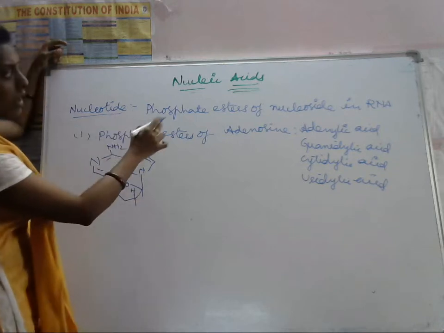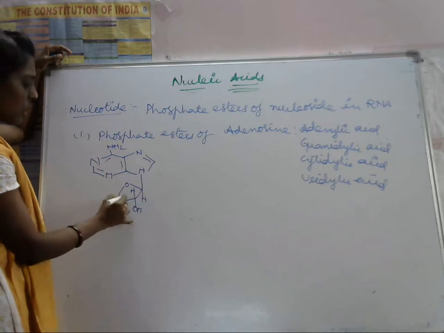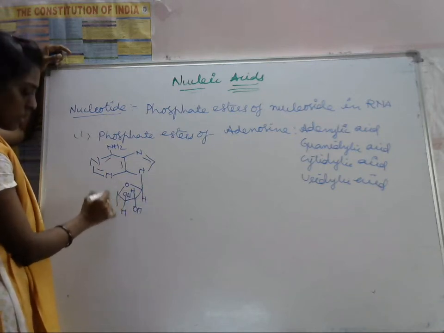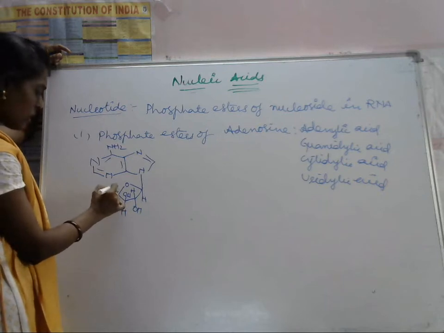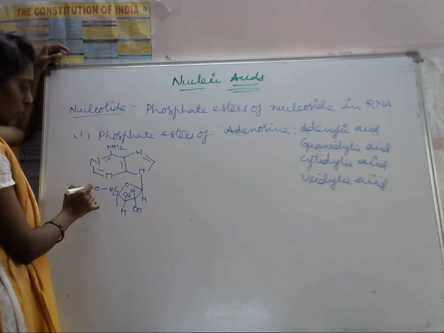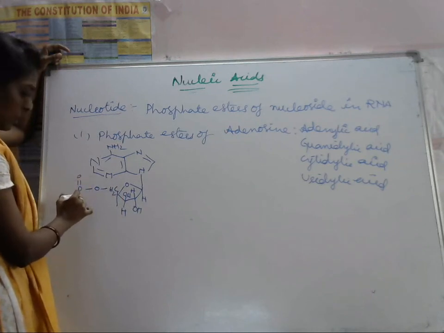This is RNA, right? So that's why we are having OH here at the second position. At this we are introducing CH2. In the place of hydrogen we have to add the phosphate group.